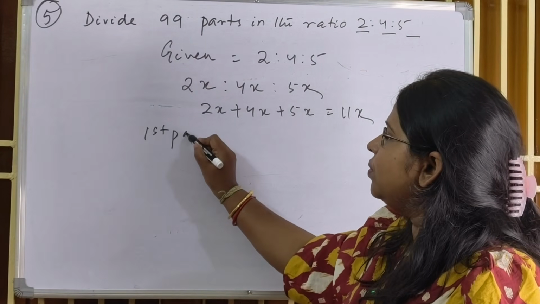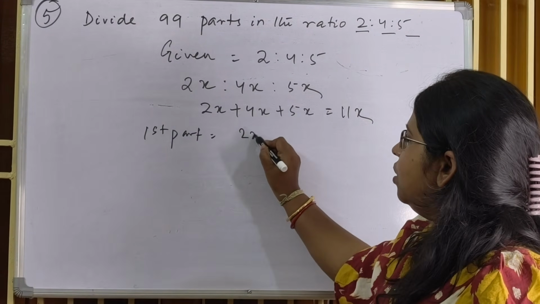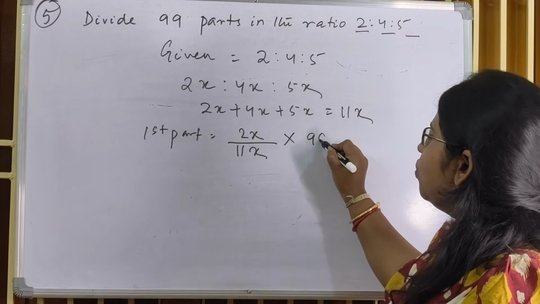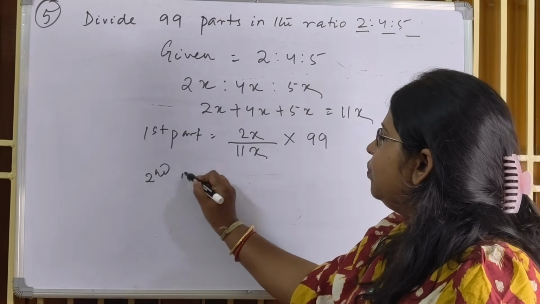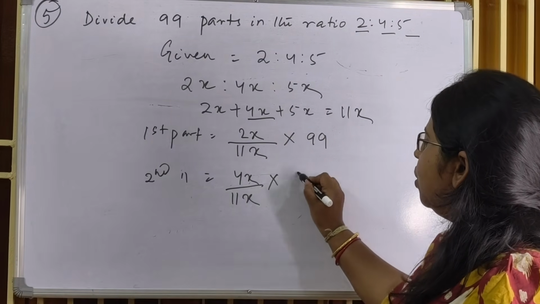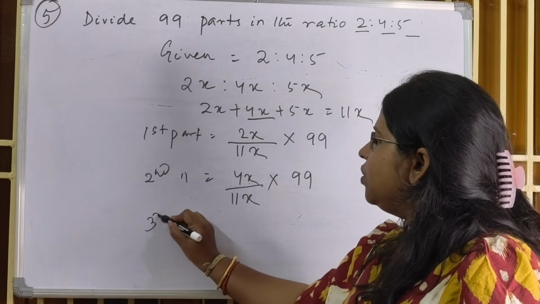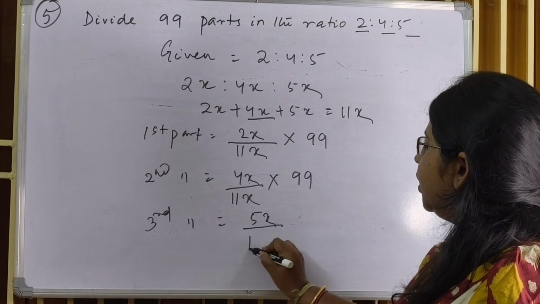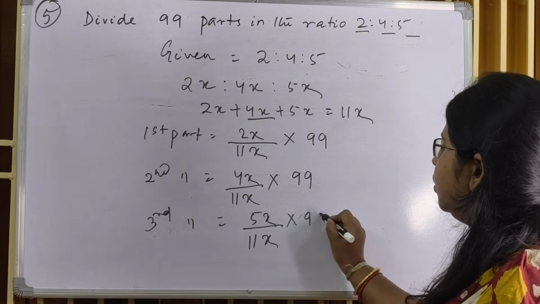So first part, how we will find out? First ratio divided by total part of the ratio into the whole quantity. Similarly, the second part would be second ratio divided by total part of the ratio into whole quantity. In a similar way, the third part, third ratio divided by total part of the ratio into whole quantity.